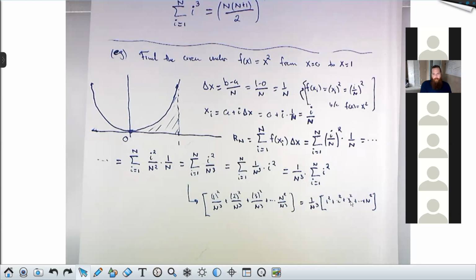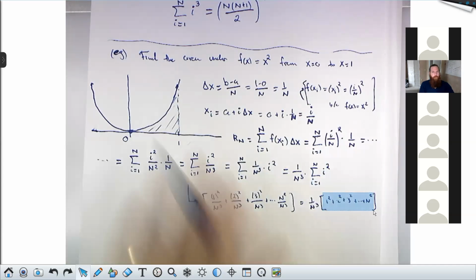It's 1 squared plus 2 squared plus 3 squared all the way out to n squared. That's the sum from i equals 1 to n of i squared. And then I have a formula for this stuff.